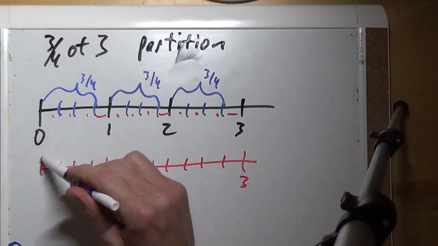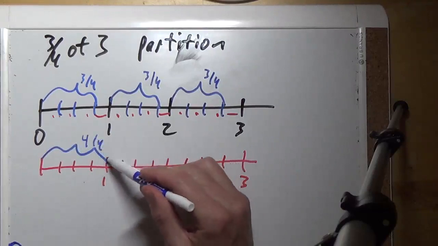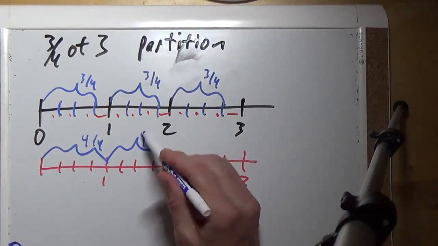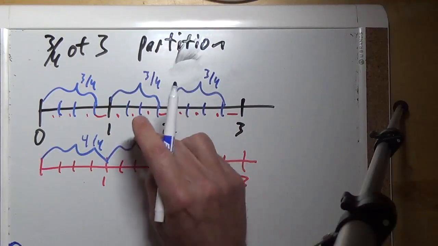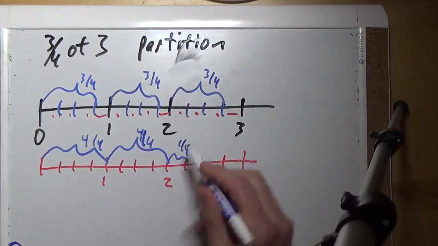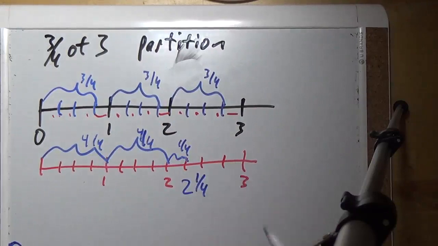So here's 4 of them. Here's 4 more. And then 1 more. Again, I have 9/4, and look, I ended up at 2 1/4.